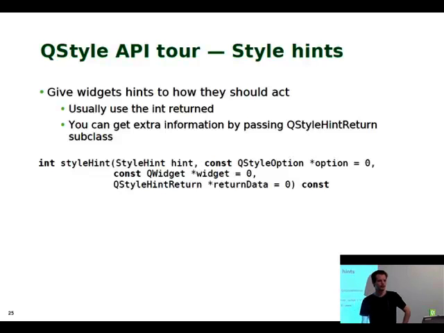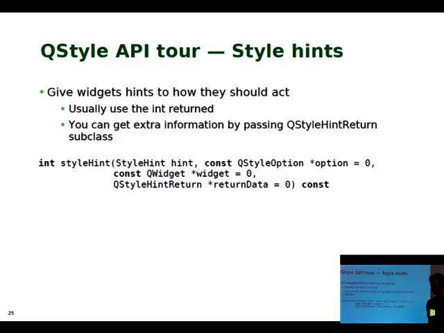Another useful thing of the style is that you can give style hints. Style hints are used at runtime to change the behavior of an application. For example, on a Mac there is a size grip in the MDI window, but not on the other platforms.